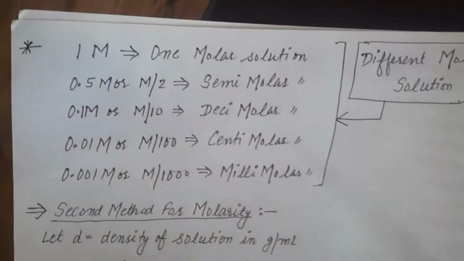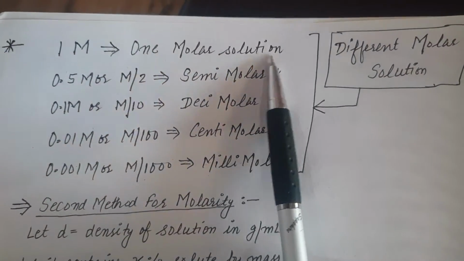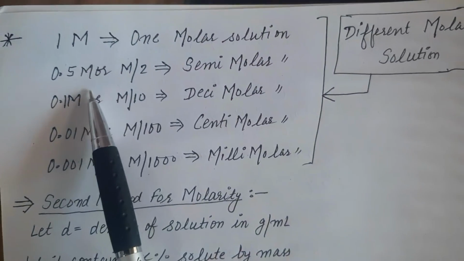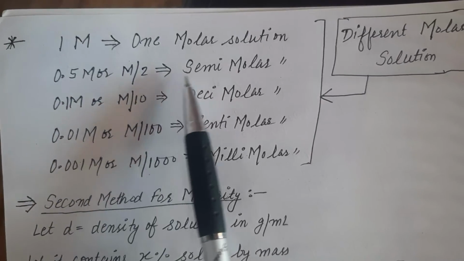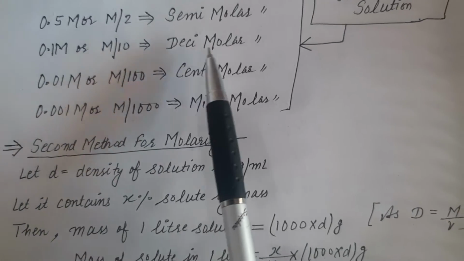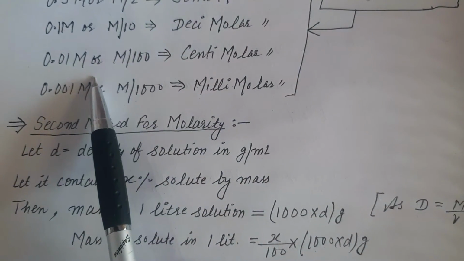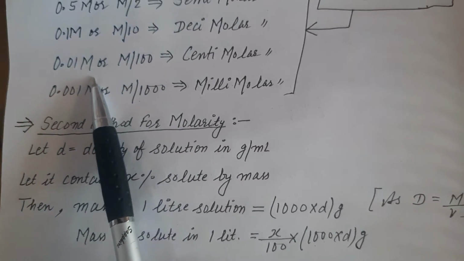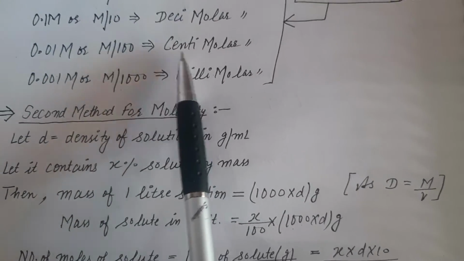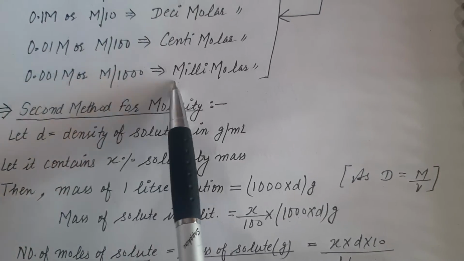Next one, 1 M is equal to 1 molar solution. 1 capital M indicates that it is a 1 molar solution. 0.5 M or M by 2 means semi-molar, semi means half. 0.1 M or M by 10 means decimolar, deci means 1 by 10. 0.01 capital M or M by 100 means centimolar, centi denotes 1 by 100. 0.001 capital M or M by 1000 means millimolar.